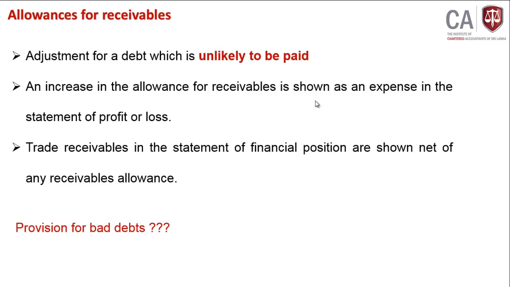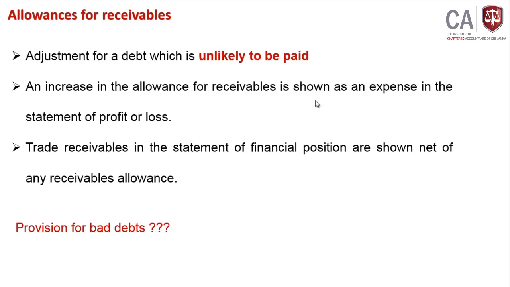According to SLFRS 9, this is an allowance for receivable, not a provision. Understand it. So today onwards, there is no provision for bad debt. You have allowance for receivables. It's not a provision. You can argue with anybody.